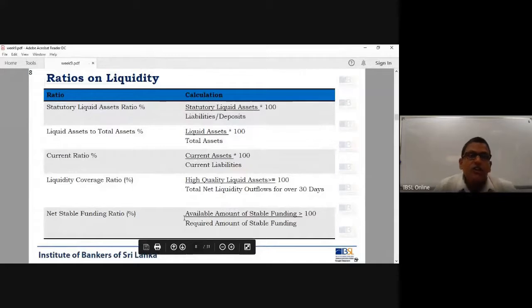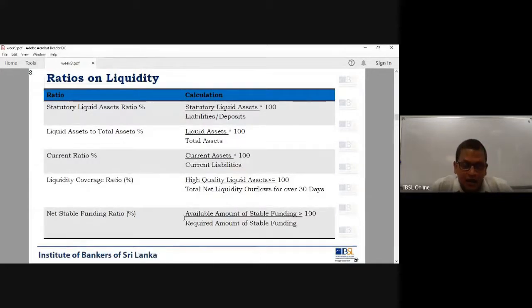Then the ratios on liquidity. I think we have discussed these liquid asset ratios in the risk management section as well. One of the mitigation factors for liquidity risk is maintaining a stock of liquid assets.